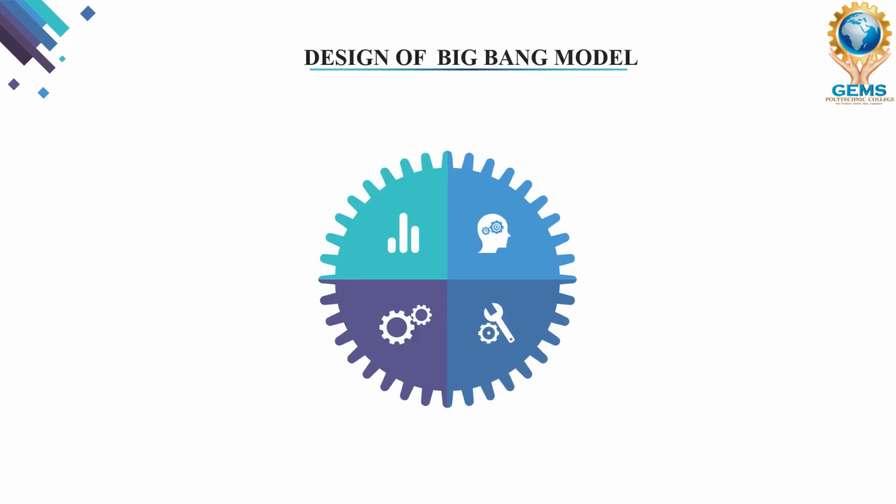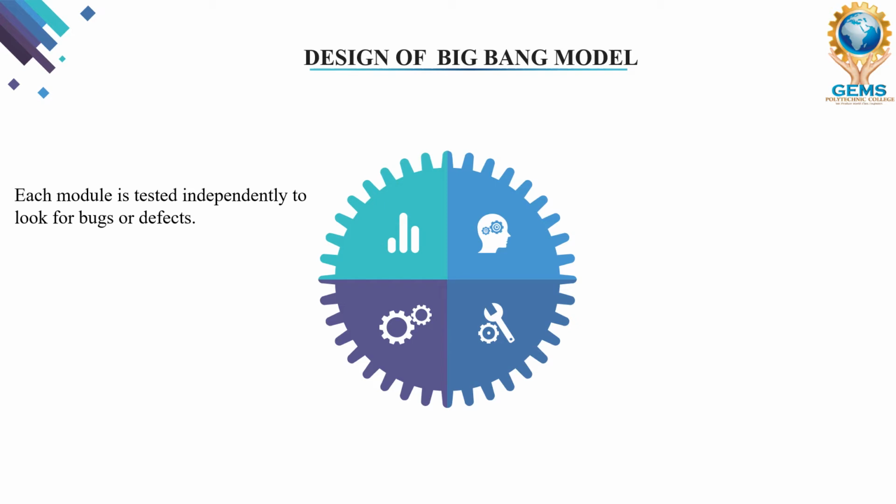Next we have the design of the Big Bang model. How are we going to design the software by using the Big Bang model? So first point, here each module is tested independently to look for bugs or defects.